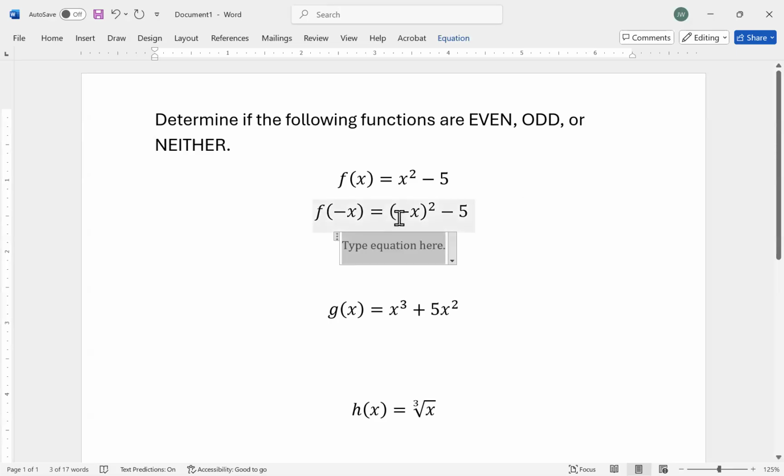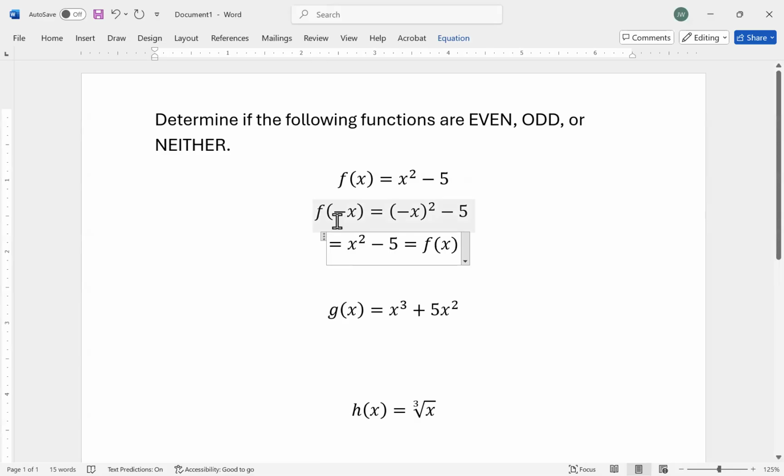Now I know that if I take a negative and square it, I get the same thing as a positive squared. So I know that the quantity negative x squared minus 5 is the same thing as just x squared minus 5, which happens to be the original expression for my function.